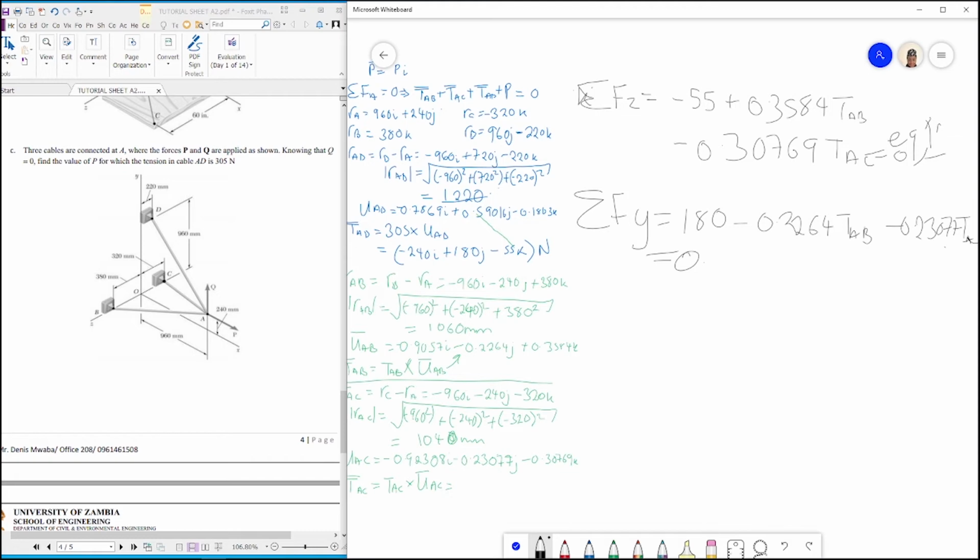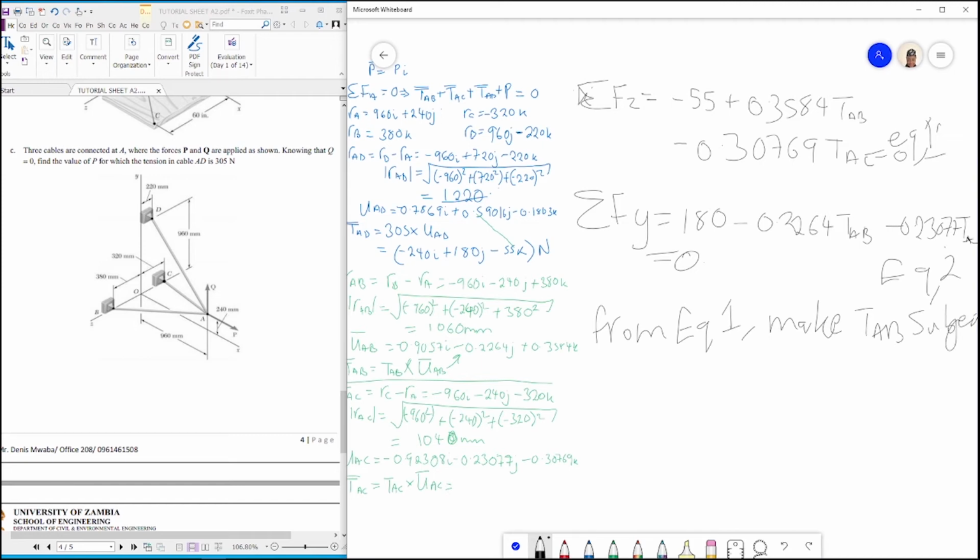So here I recommend the substitution method, and we are going to use equation 1. This is equation 2. So from equation 1, make TAB the subject.